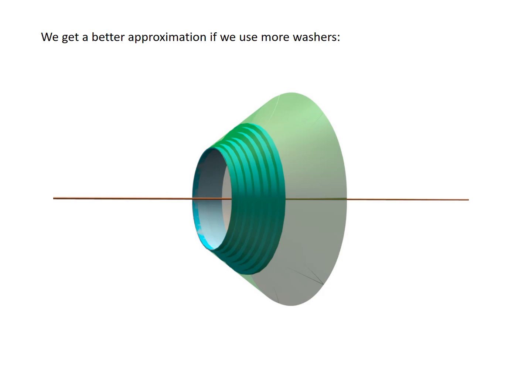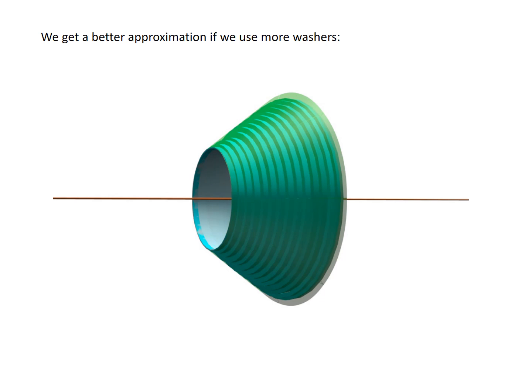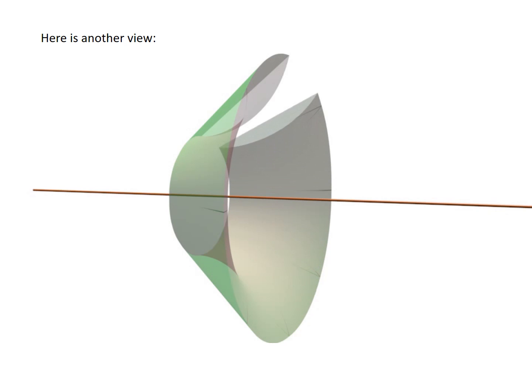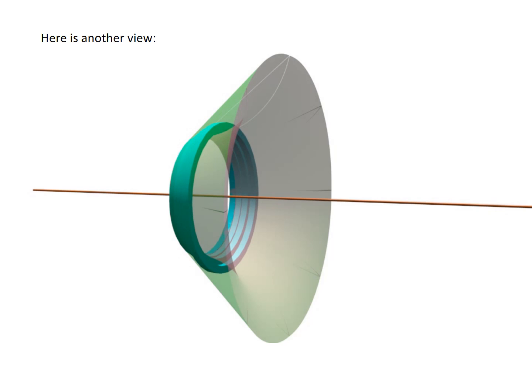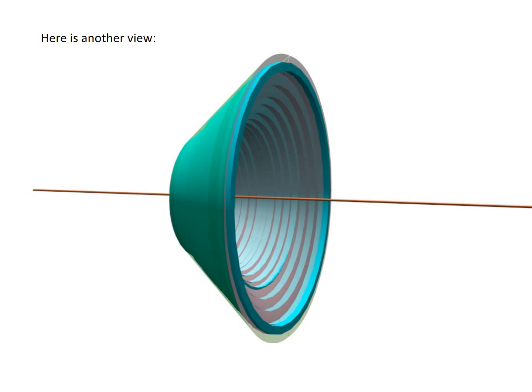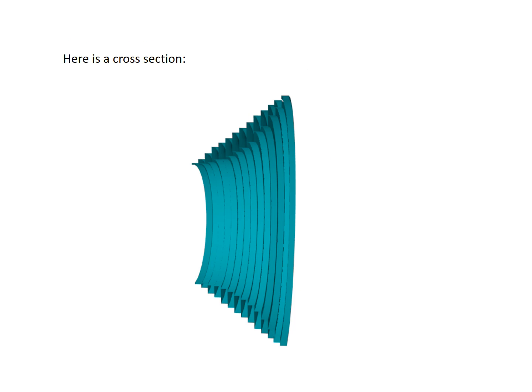Here you see the outer part is part of a cone. In another view, we can see that the inner part looks like a bugle. Here's a cross section, where you can see the line segment and the parabola illustrated.